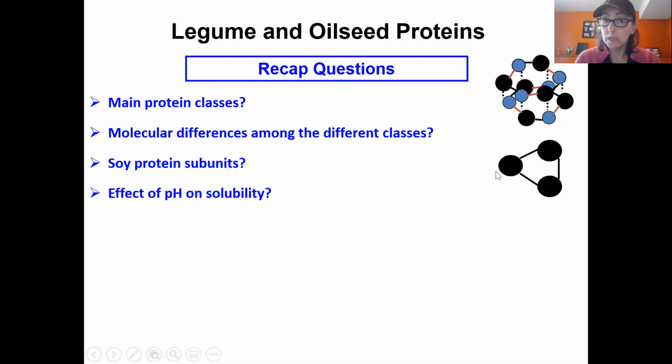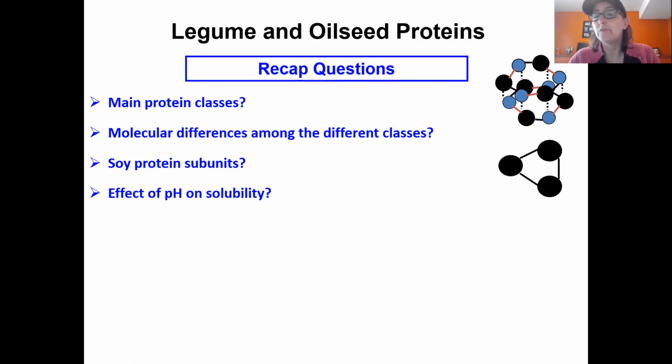In terms of the 7S, it is a trimer made up of three monomers, and they are linked together via hydrophobic interactions. The 7S and 11S are the main globulin fractions in legumes and oilseeds.